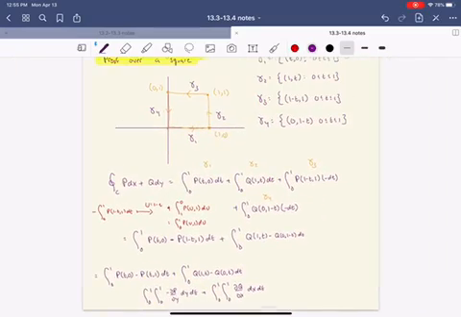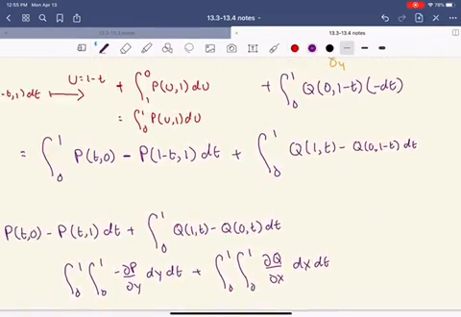Okay, and now let's take a look. Let me rewrite that. Well, first, dt I can replace by dx because that's in the first coordinate here. Here, dt I can replace by dy.